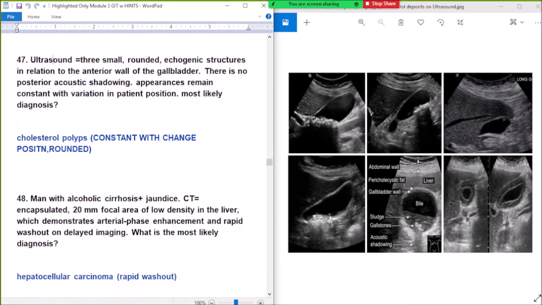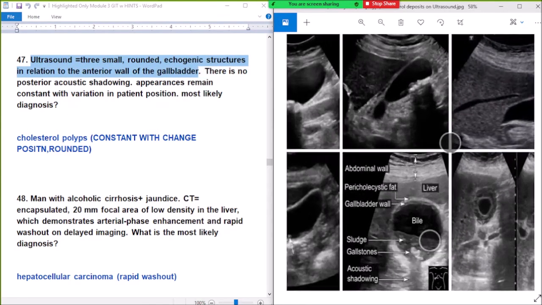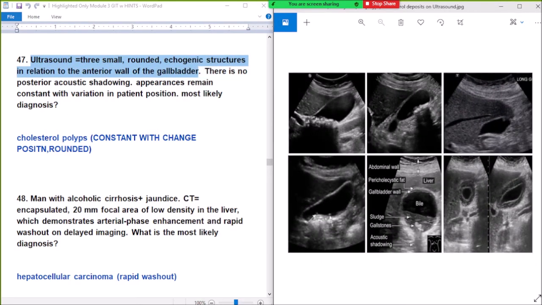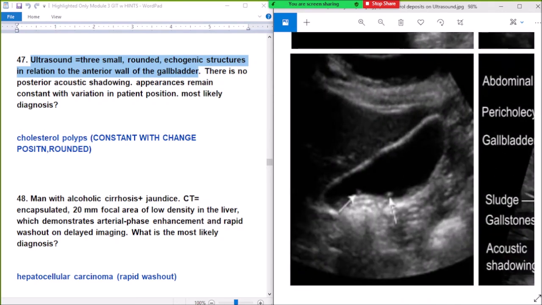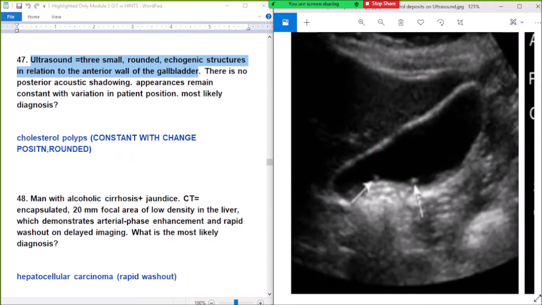Question 47. Ultrasound shows three small rounded echogenic structures in relation to the anterior wall of the gallbladder. There is no posterior acoustic shadowing. Appearances remain constant with change in patient position.